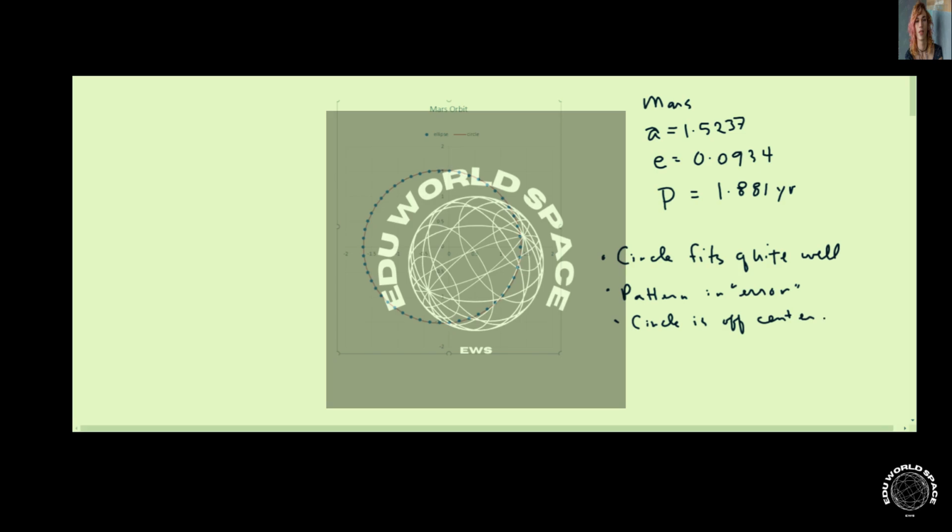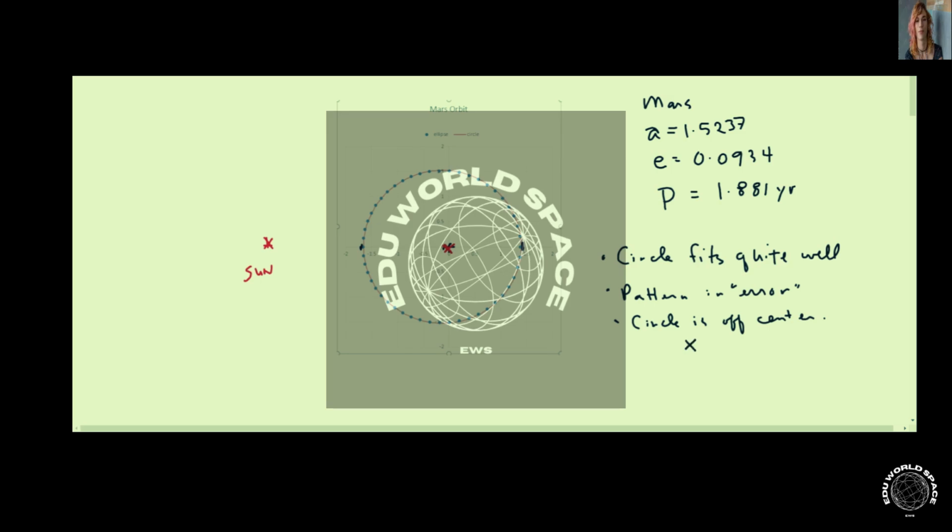So let me point out that the sun is a physical object that occupies that 0 point. So X marks the sun. And so you can see, especially in the X axis, the major axis, that the circle could not be centered.